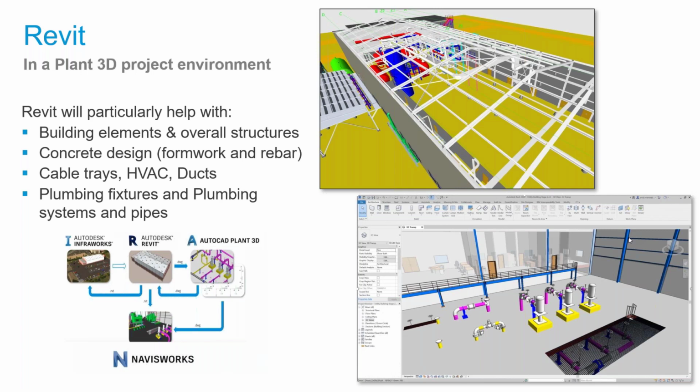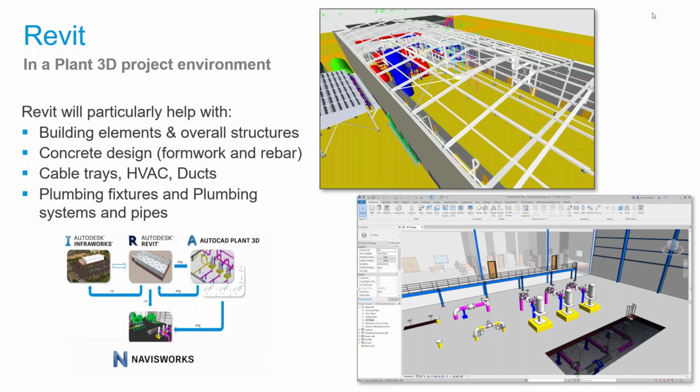It will be really helpful for a plant project, especially when you have a building element of the project, a building part of the project. So let's say it's a piping station. The piping station needs to be inside walls and roof and overall structure. This building, we can very efficiently use Revit in coordination with plant to build that building itself.